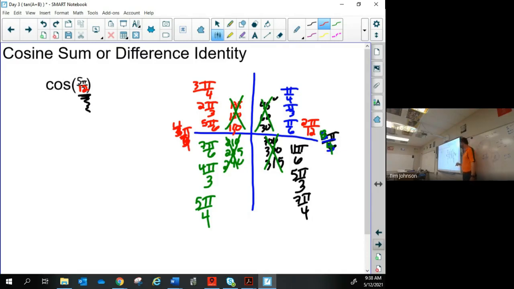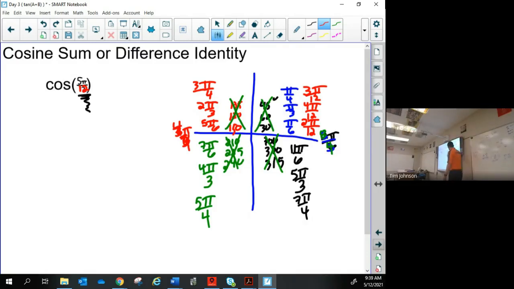Okay, pi 6 is 2 pi 12ths. Pi thirds, I'm going to multiply here by 4 over 4. That's 4 pi 12ths. And pi fourths, which is 3 pi 12ths.